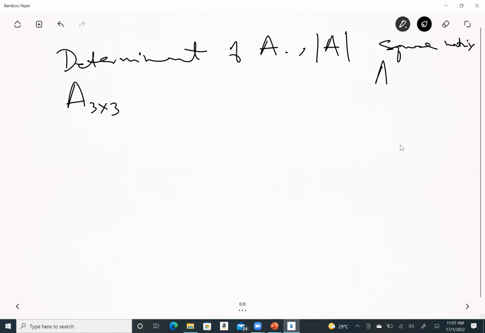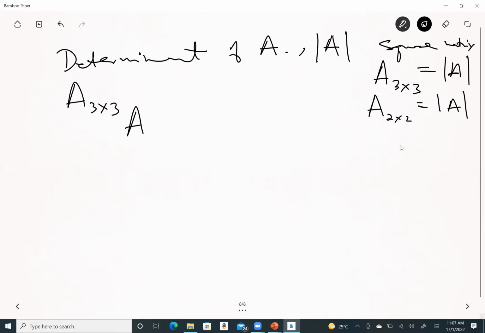So you can get it for a 3 by 3, or you can do it for 2 by 2, 4 by 4, etc. It must be a square matrix. Now, 3 by 3, to get the determinant is easy.